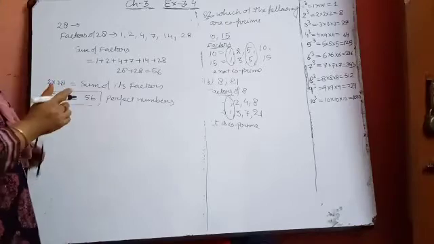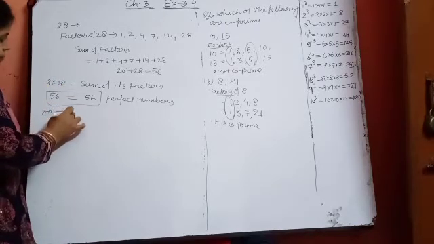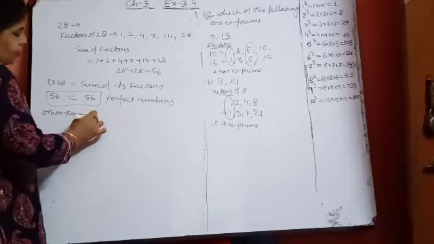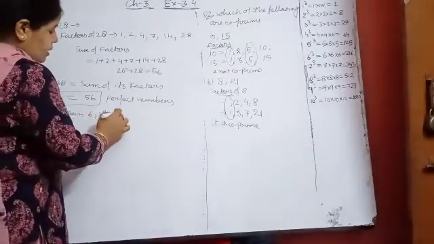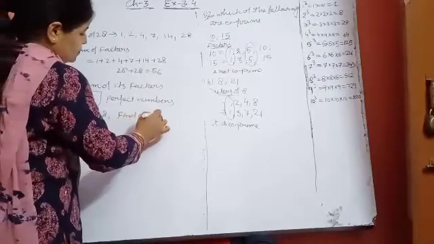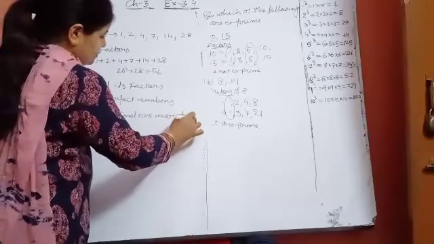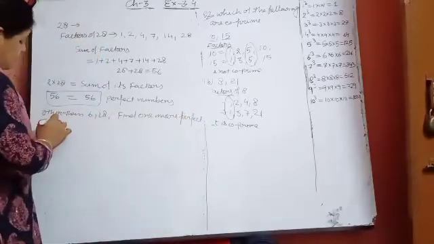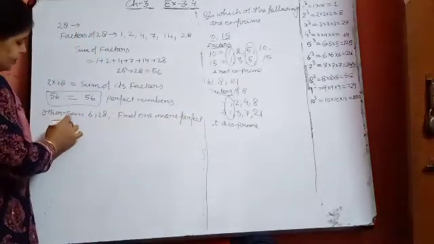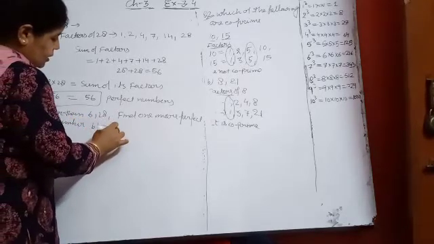So what will be your homework? Other than 6 and 28, find one more perfect number between 1 to 100.